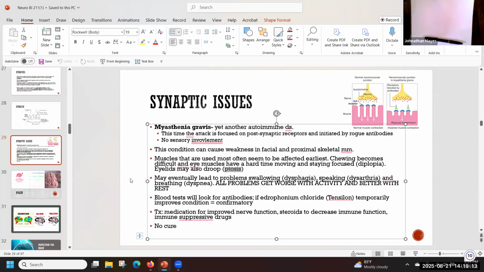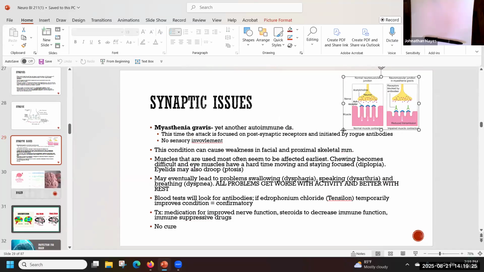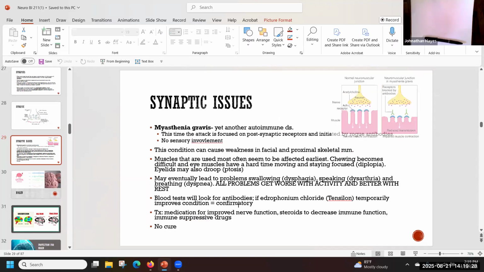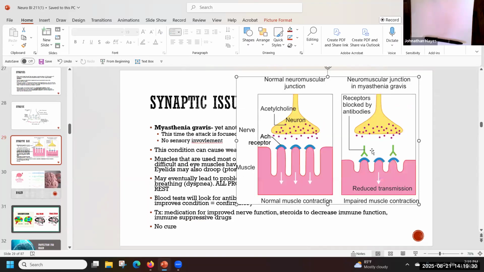This is an interesting phenomenon that they will sometimes use on a standardized test: it gets worse with activity, gets better with rest. If you're dealing with an issue in which you're getting attacks on your synapse or portions of your synapse, sometimes these things get hyperpolarized or fatigued.